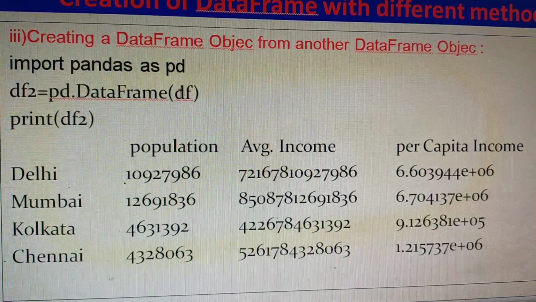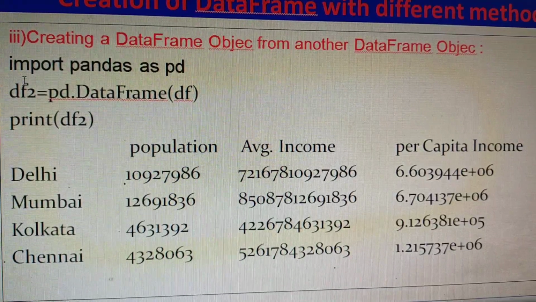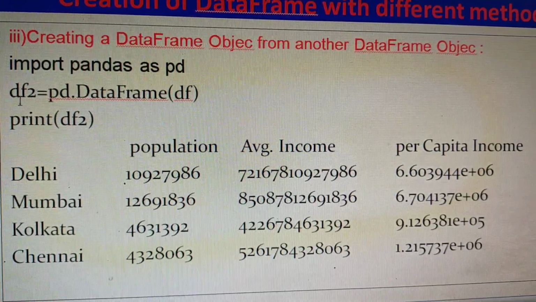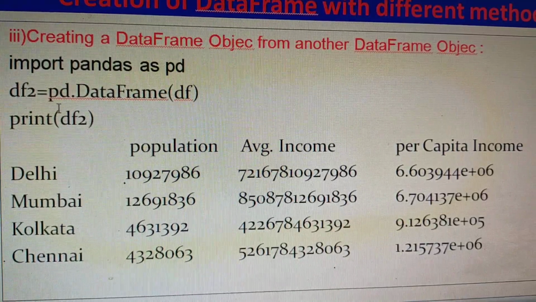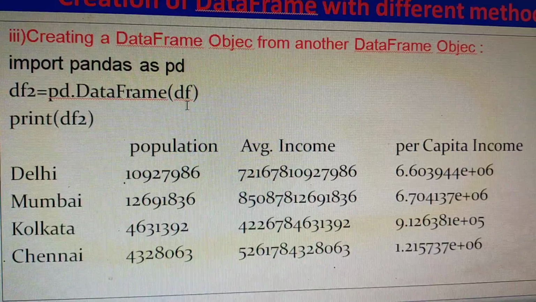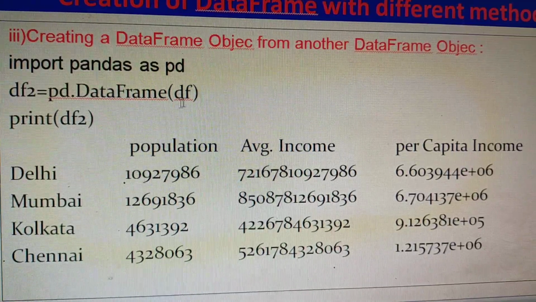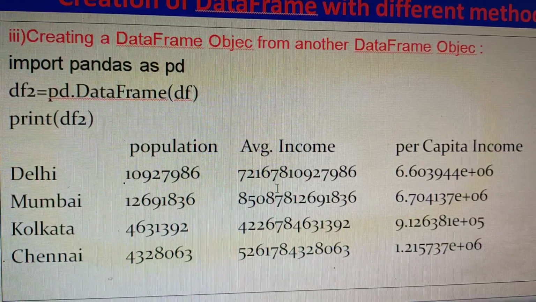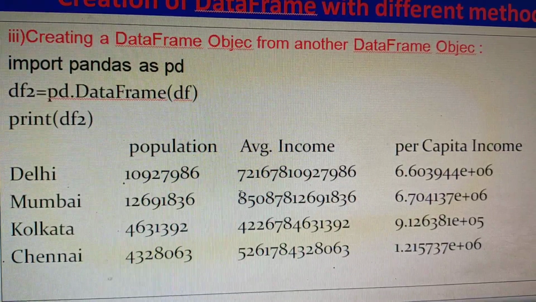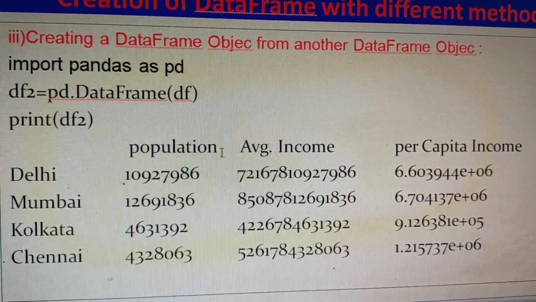Give the existing data frame name, and it is stored in the new data frame, that is df2. So df2 will have the new data frame created with the help of the existing data frame. When you print df2, you will get the data frame which already exists.